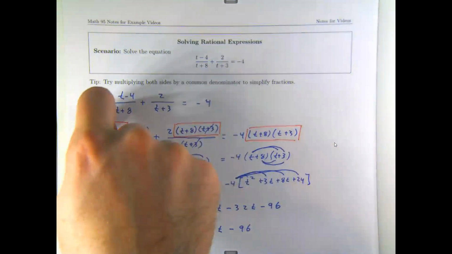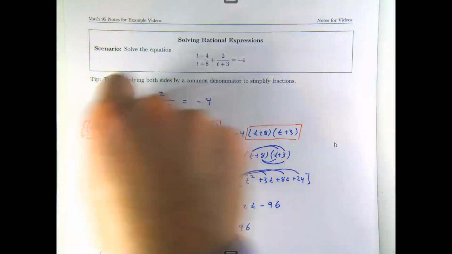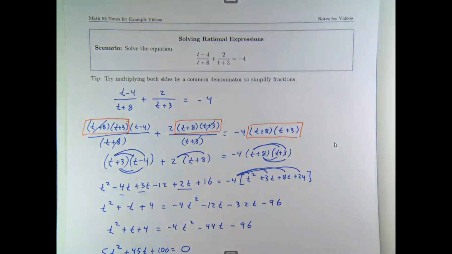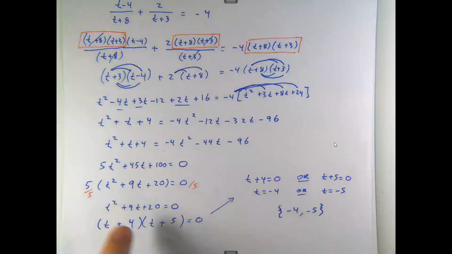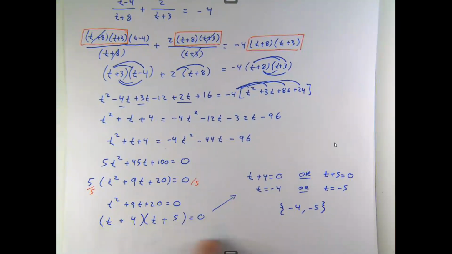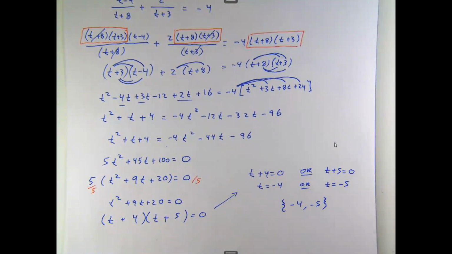So in this case, it was just t plus 8, t plus 3. And you're going to do that for every single term on both sides of that equal sign to keep things balanced. Once you've simplified, you usually end up with a pretty nice expression that you can factor or use some other techniques to solve. But if you don't like fractions, when solving, get rid of those fractions as soon as possible.